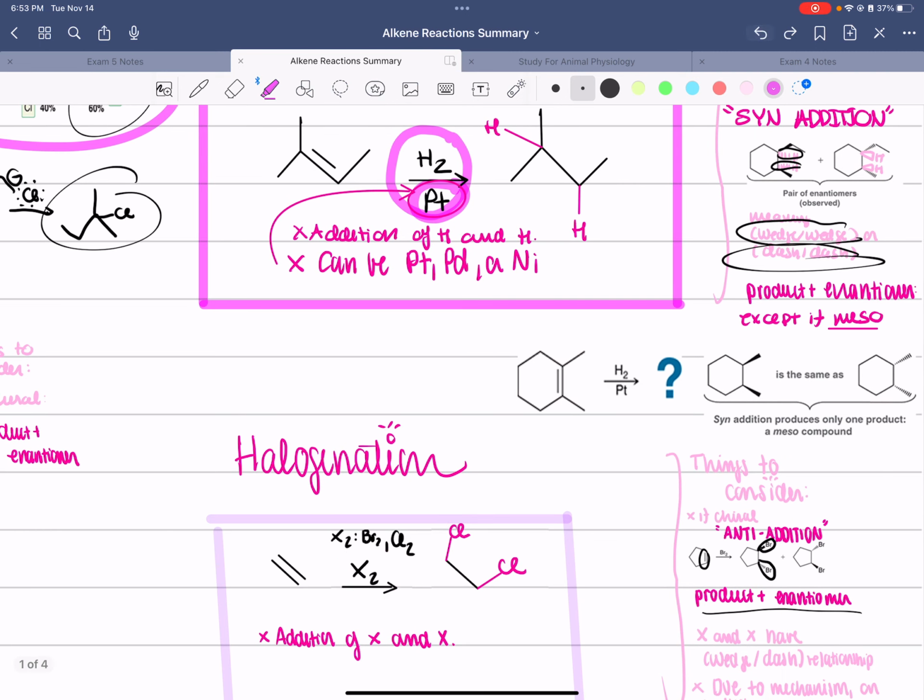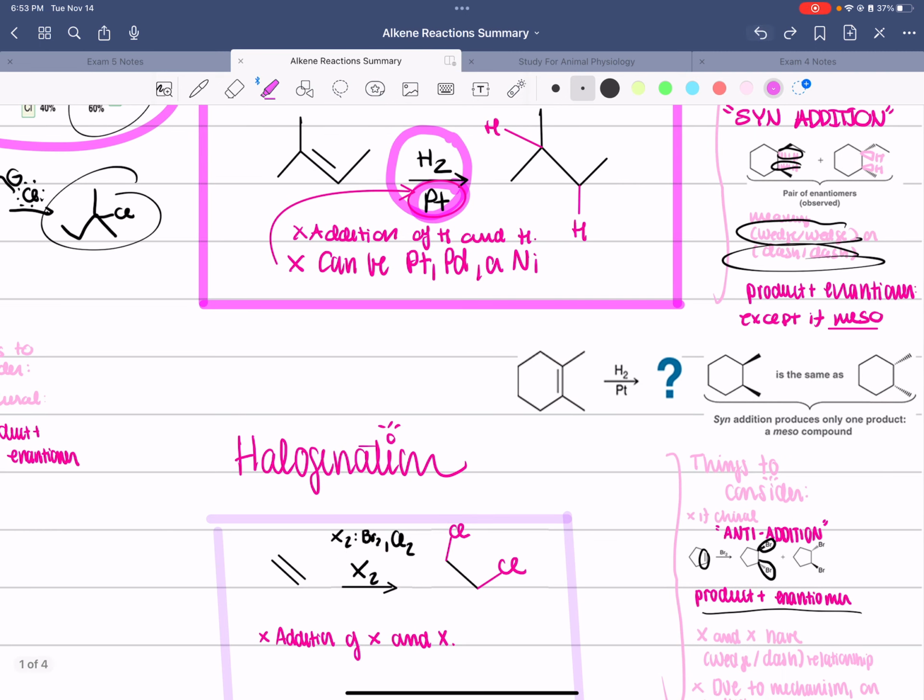So we have to be careful to remember to look at everything as a whole, because in this case, this is a halohydrin formation in which we are adding our OH and then an X or halogen. Our OH will go on the more substituted and our halogen on the less substituted.